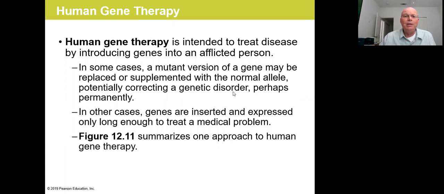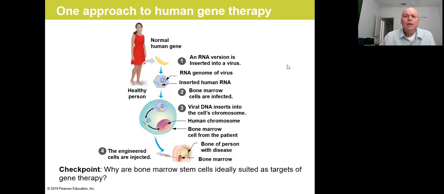So here's the basic way in which it's carried out. You take, in this case, an RNA that is a copy of the gene that needs to be inserted, and you're going to use an RNA virus. The RNA viruses tend to be more specific in the cells that they're going to target.